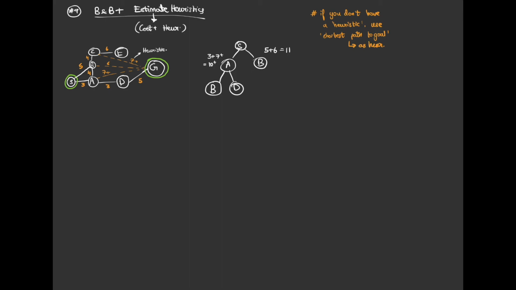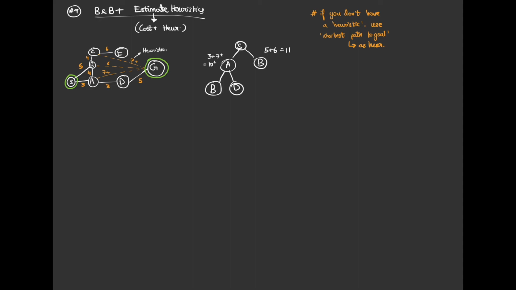What that essentially means is if I did not have these heuristic values here, I would just calculate my distance from C to G as the shortest path from C to G, which is going to be 4 plus 4, 8, 8 plus 3, 3 plus 5, which is 24. So if you look at a graph and there's literally nothing, then this is what you do.